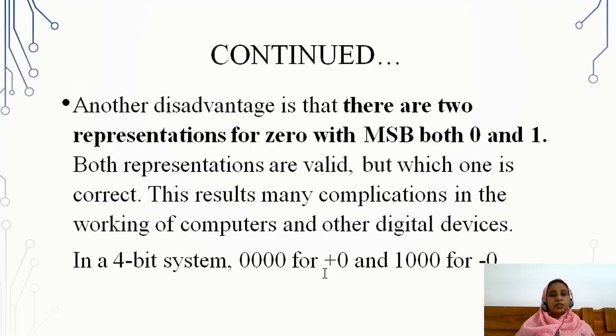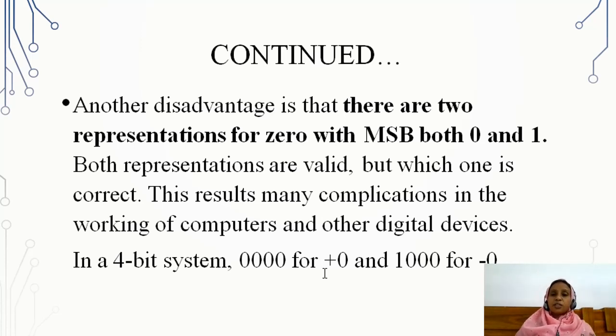Another disadvantage of the sign magnitude system is that there are two representations for 0. If we write 0 in binary form, the leftmost digit can be 0 or 1. If it is 0, plus 0. If it is 1, minus 0.